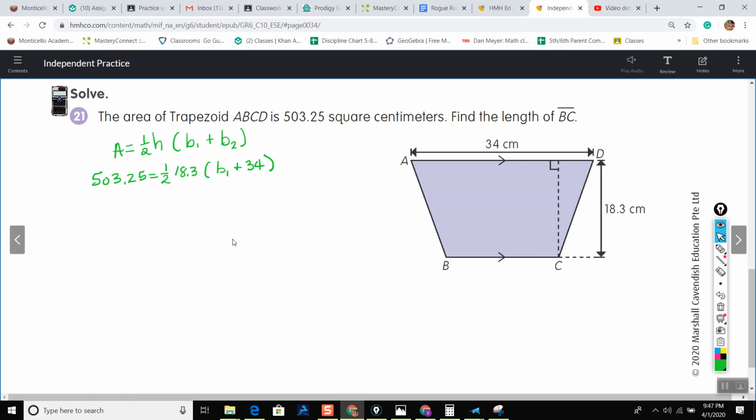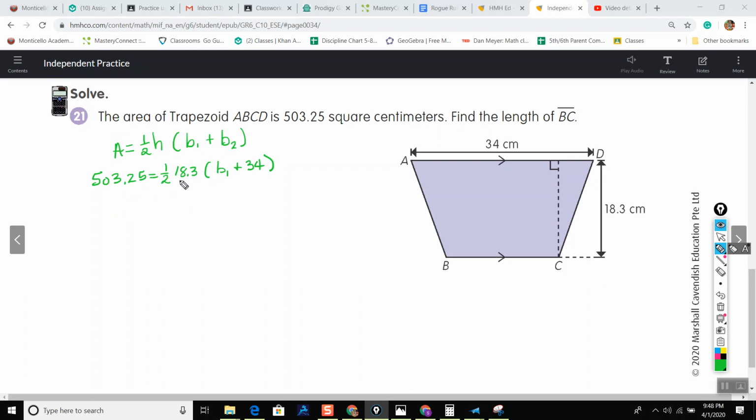Okay, we haven't done one like this, at least I haven't demonstrated one like this, so I'm glad that we're doing this one. Okay, so I've already written the formula out here, and I filled in all the information that we know. Here's our area, we have our height here, and then what we know of our bases, okay?